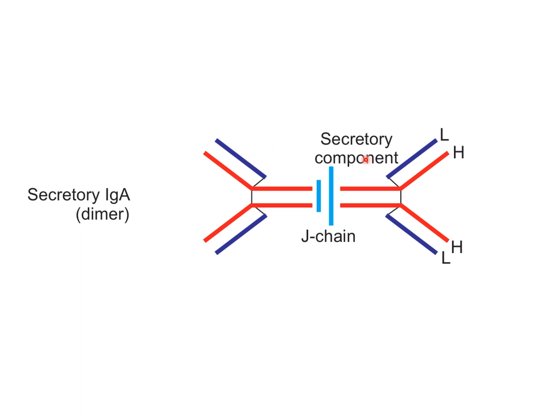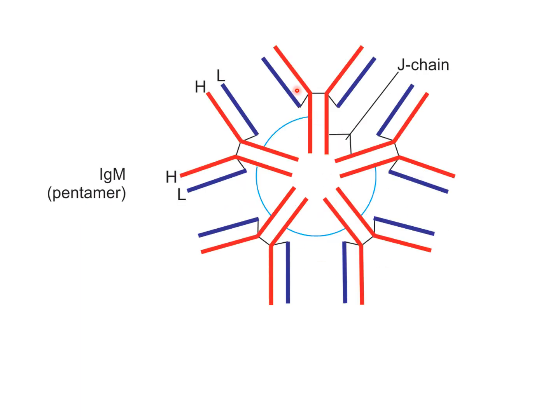Secretory IgA is a dimer, so it lies in this particular form, with both monomers attached via the J chain. This is the biggest immunoglobulin, a pentamer, and you can see the 5 monomers are attached via the J chain.